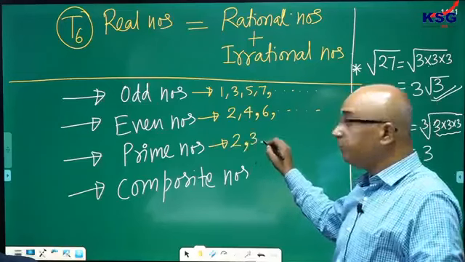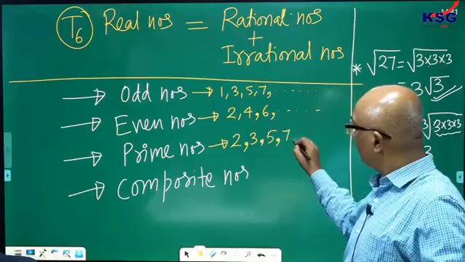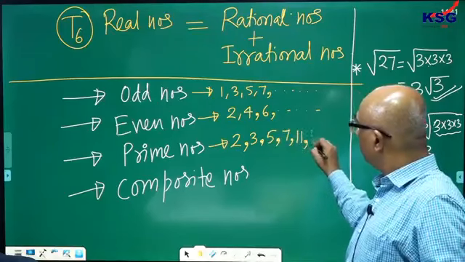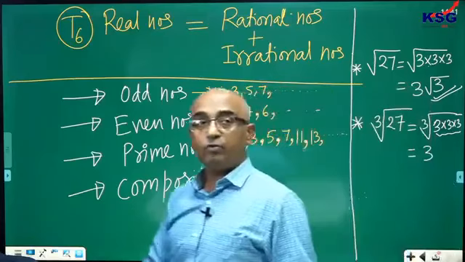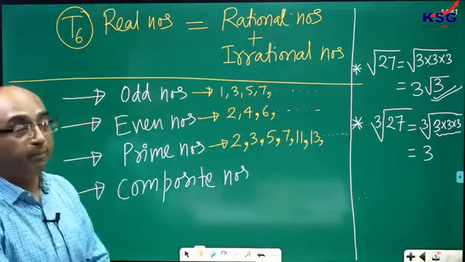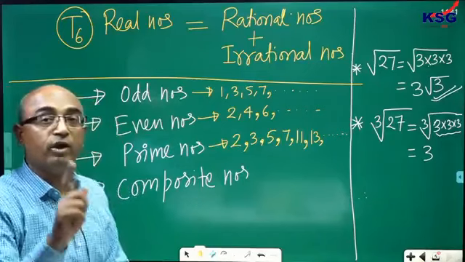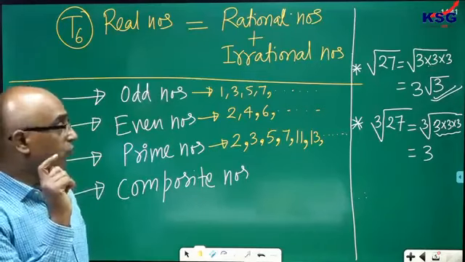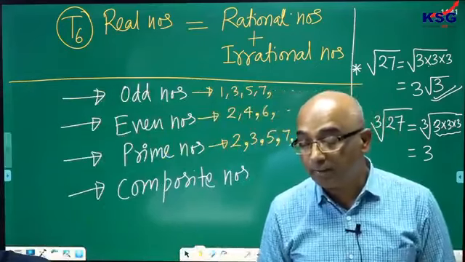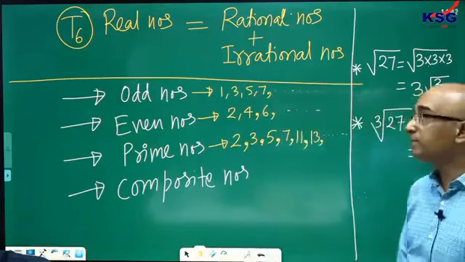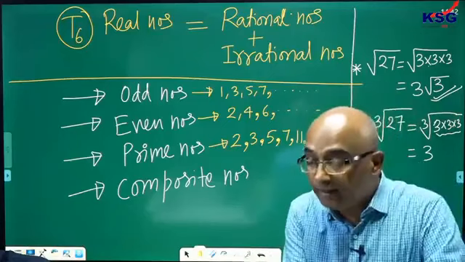Then 3, divisible by 1 and itself, 5, 7, 11, 13. So these are prime numbers. Remember, students, 1 is not a prime number because 1 is only divisible by 1. 1 has only one factor. So the best definition of a prime number is a number having exactly two factors.